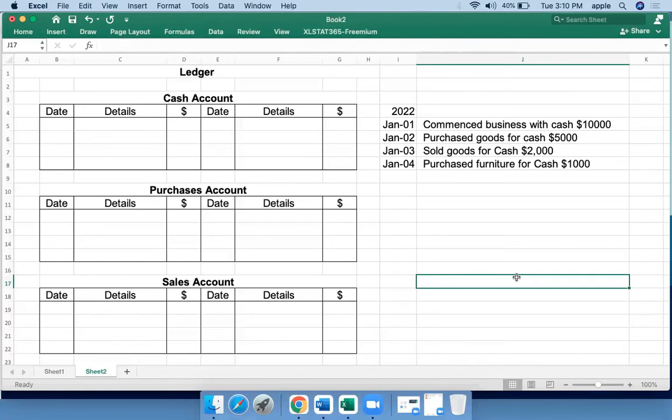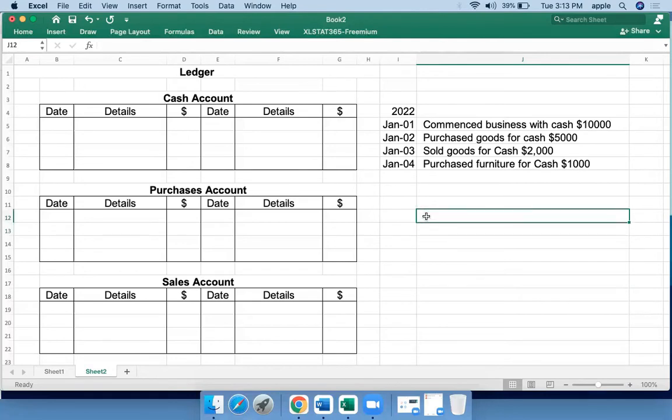Second transaction: sale and cash. Good, do the journal entry. It's going to be cash account debit of 2,000, and then, leaving some space, sales account credit 2,000.